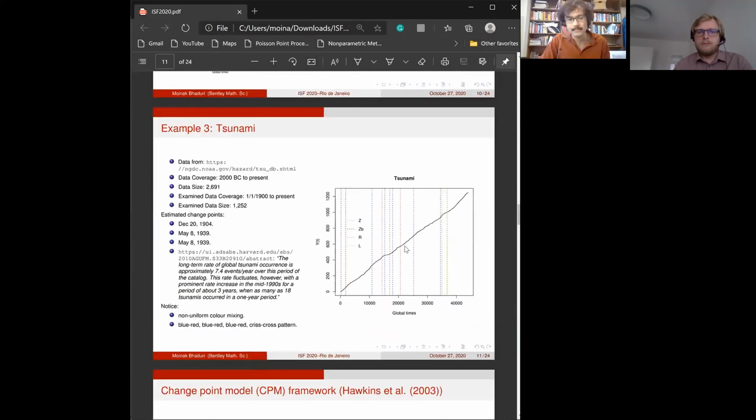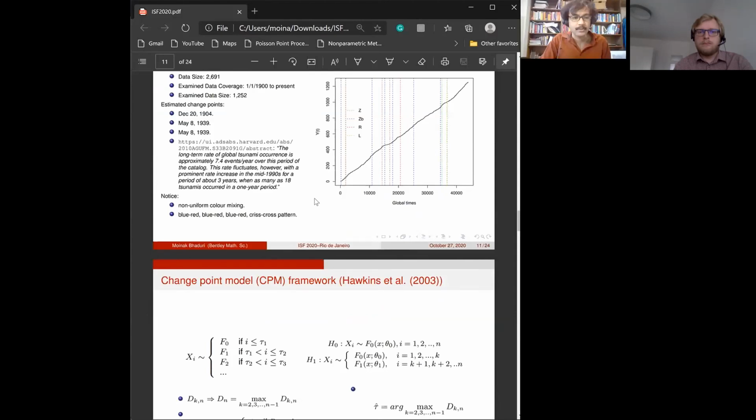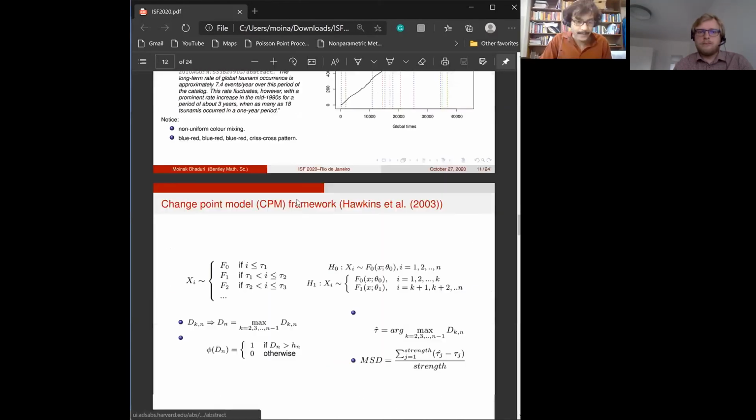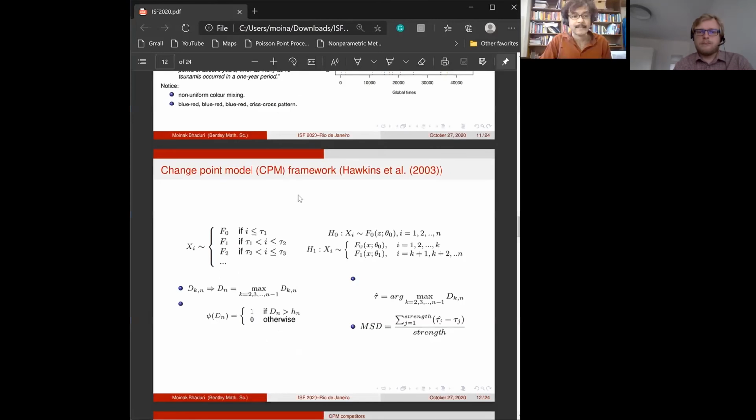Now, this begs the question, which tool to trust when? And to answer it, and also to check how this proposal stacks up against some of the competitors we already have, we will move on to the last section where we will recollect a few ways in which you can do change point analysis without using the sequential approach.